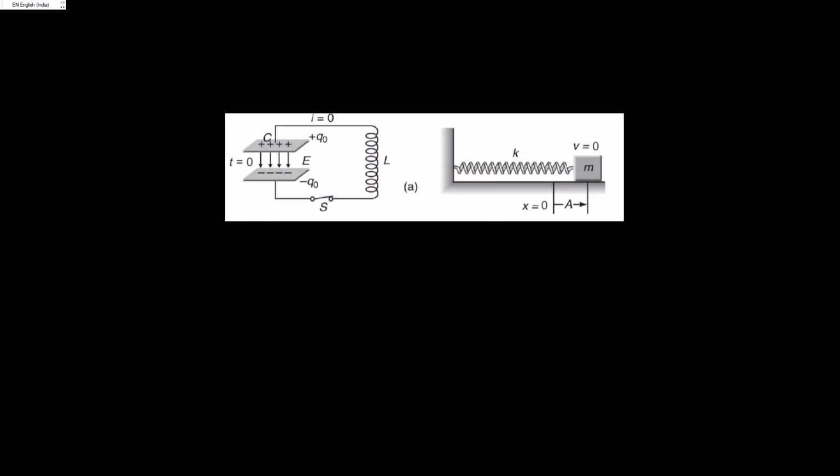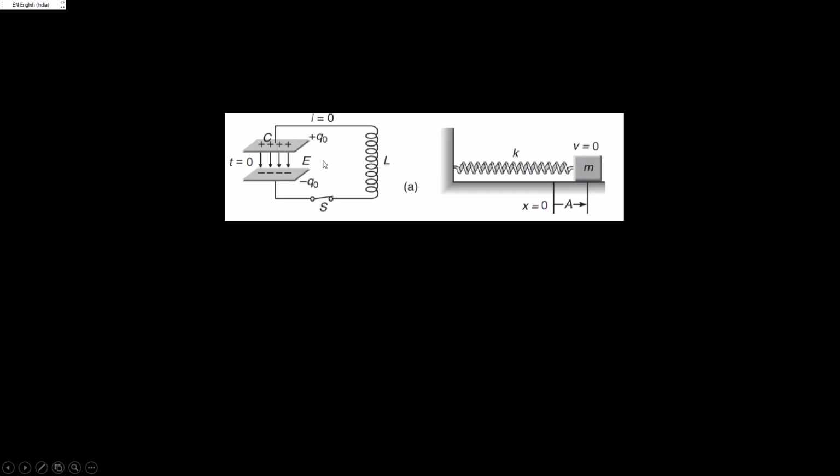Now here is a comparison between the electric oscillation and the mechanical oscillation of a mass spring system. At time t equals 0, the capacitor plate is fully charged to Q0 and the current flowing through this circuit is 0.